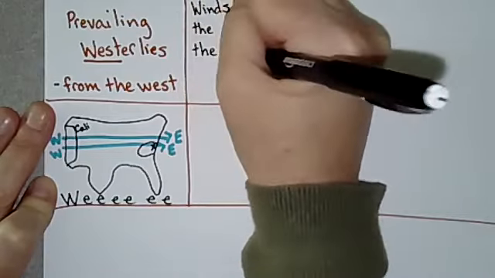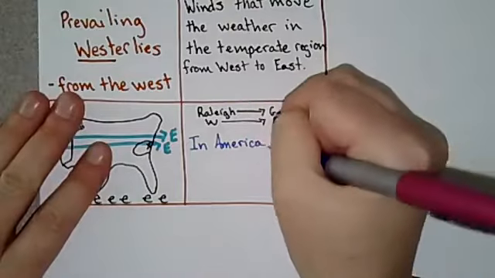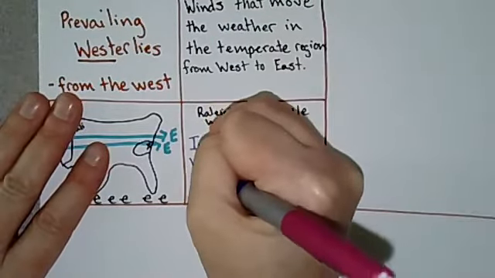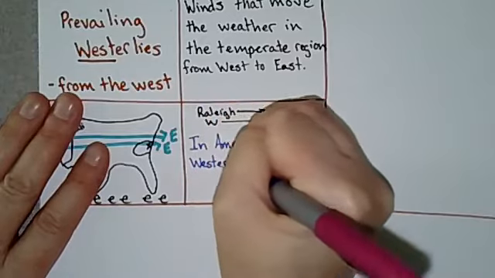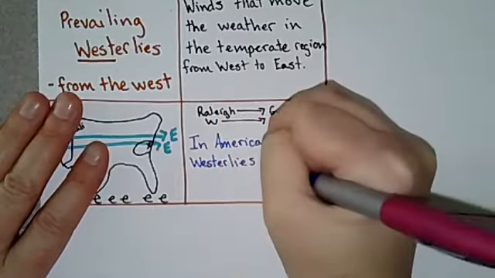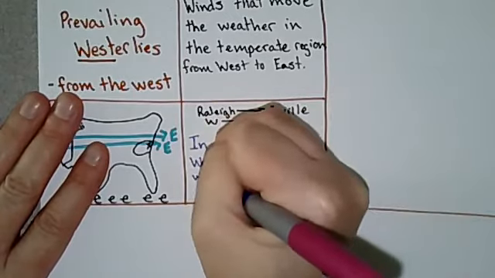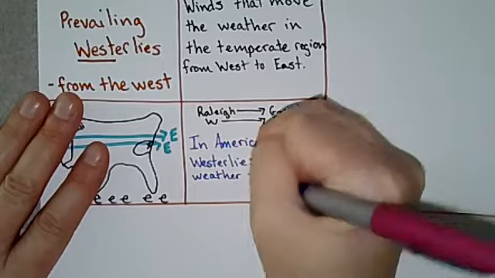We're going to write this down. In America. We love America. Everybody say America. America. Very good. In America, the westerlies, they call them the prevailing westerlies, move the weather from west to east.